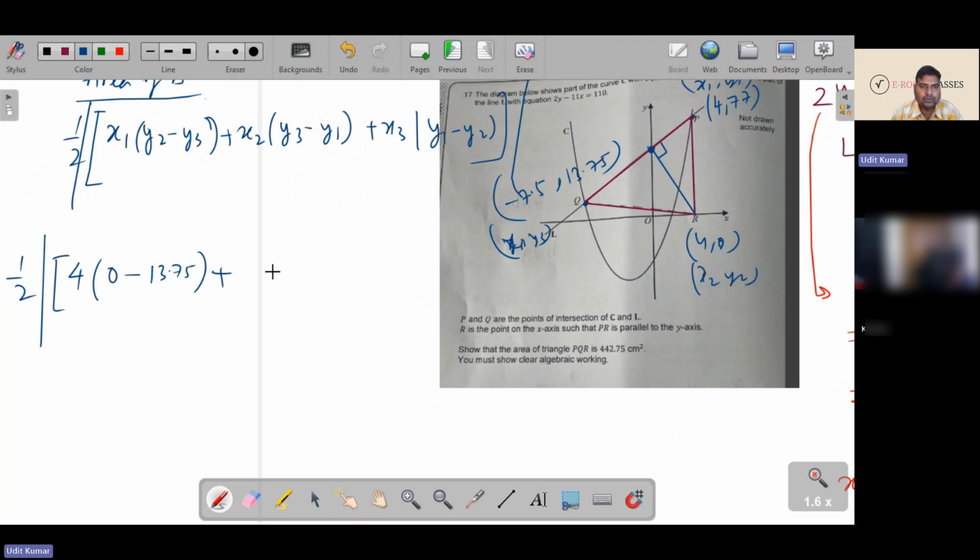X2 is 4. Y3, 13.75, minus y1. What is y1? 77. Plus x3. What is x3? Negative 7.5. Y1 is 77. What is y2? 0.